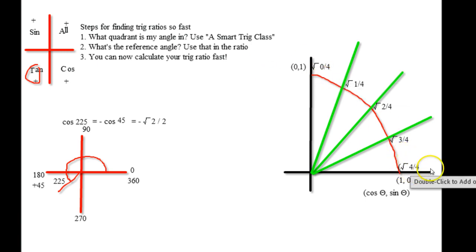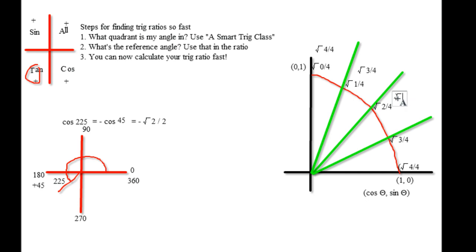And then because they're co-functions, sine is going to start up here at the square root of 4 over 4, the square root of 3 over 4 up here, and it's going to count down this way.